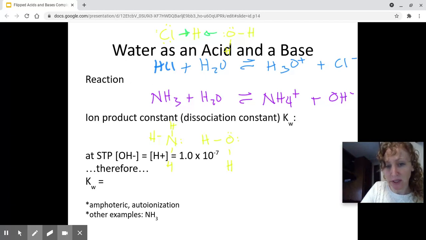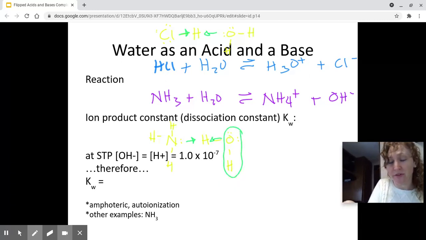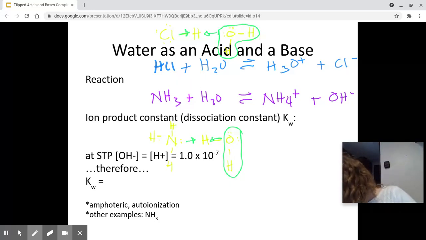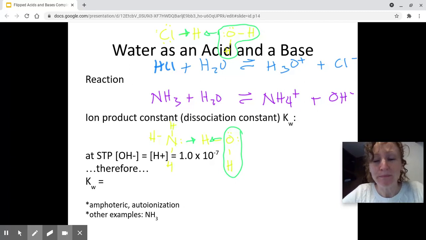In the second equation, nitrogen and a hydroxide group are both fighting over a hydrogen. And the hydrogen initially is attached to the water. Okay, so notice that the hydrogen that's being fought over in both of these equations is attached to something different. In the first equation, it's attached to the acid. In the second equation, it's attached to the water.